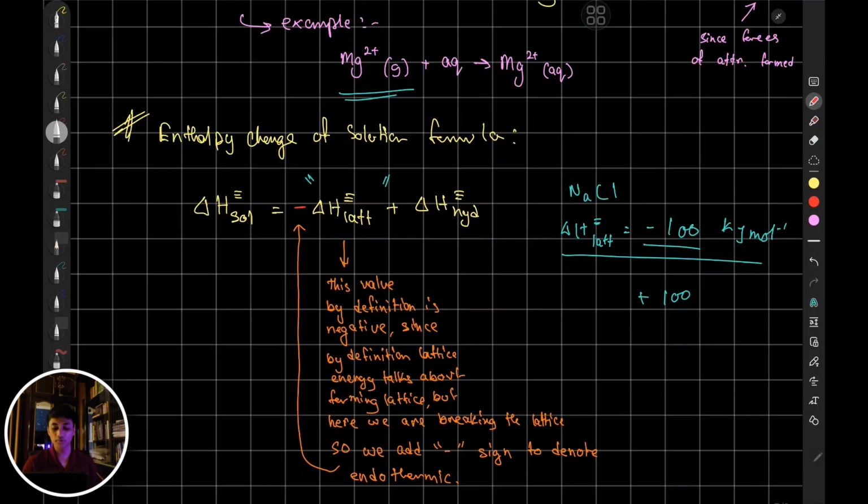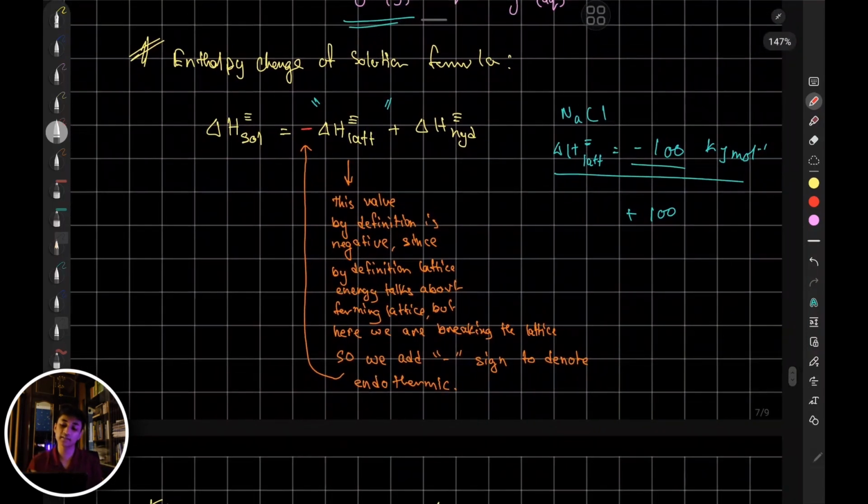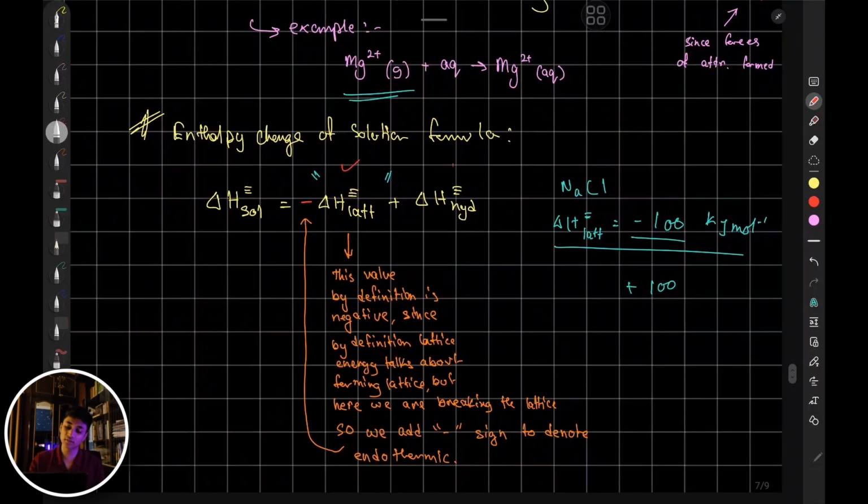Great. So the equation can be written as enthalpy change of solution is minus del H lat plus del H hydration. If you plug in the values for del H lat and del H hydration, you will get the enthalpy change of solution.